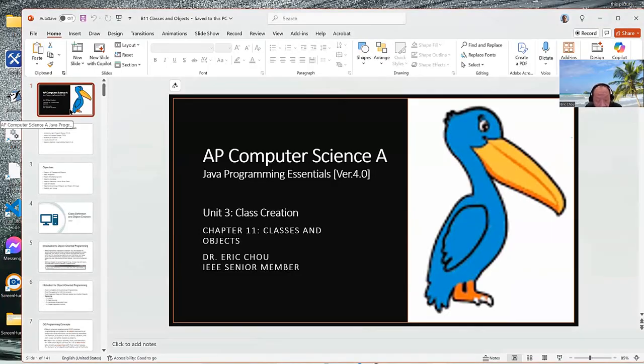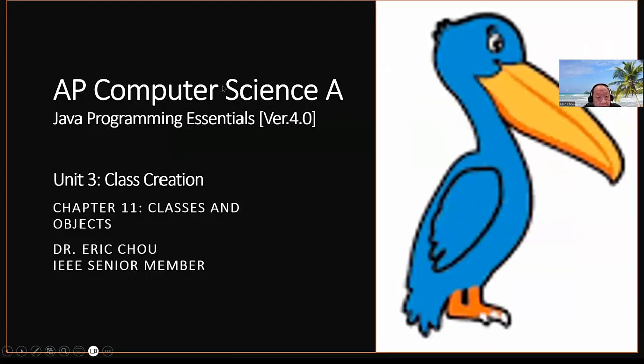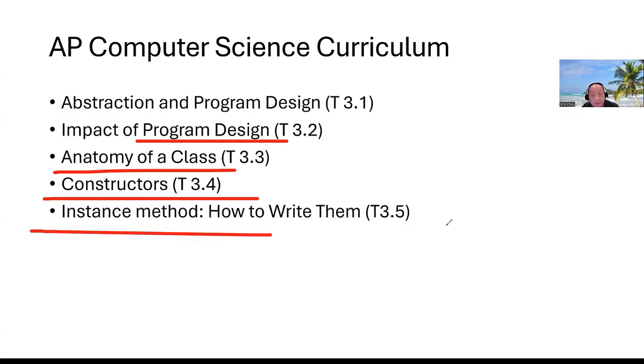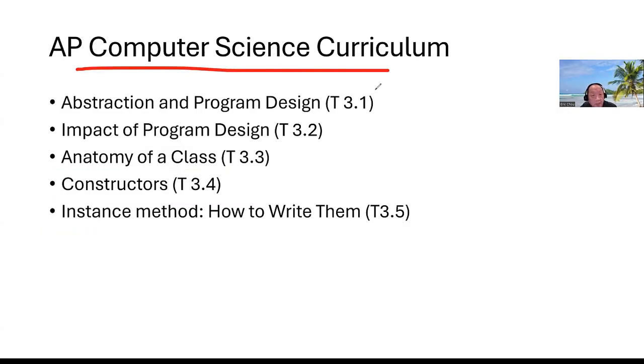Now let's go into the slides. So we will talk about abstract program design, impacts of program design, anatomy of the class, what is the constructor, what are instance functions. These are required by the College Board curriculum.